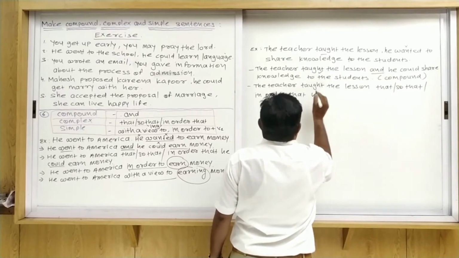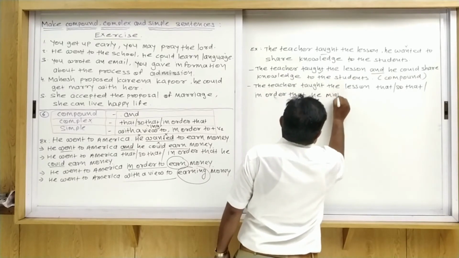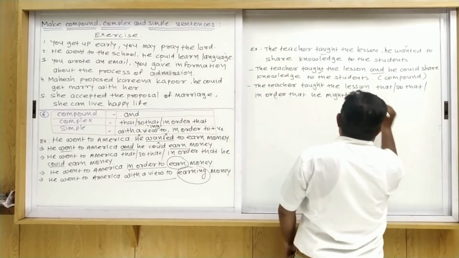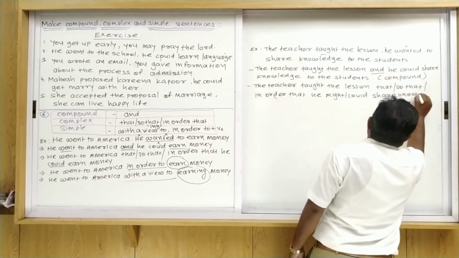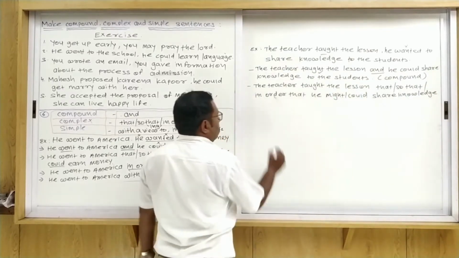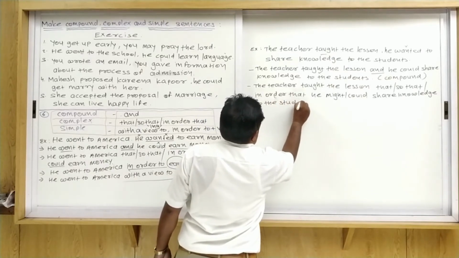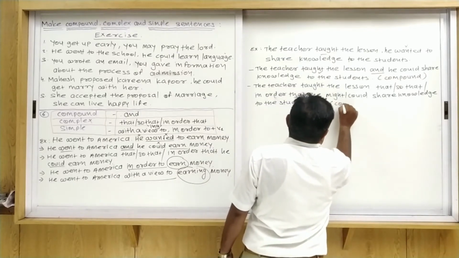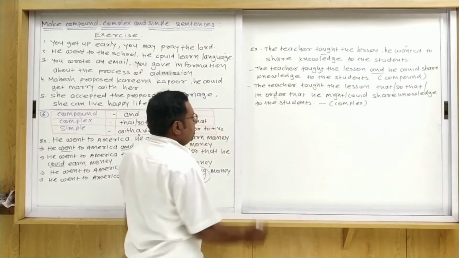Wanted we remove, and we can use could or might. He might, yeah, you can say that he could share knowledge to the students. This is a complex sentence. I use here a complex sentence.